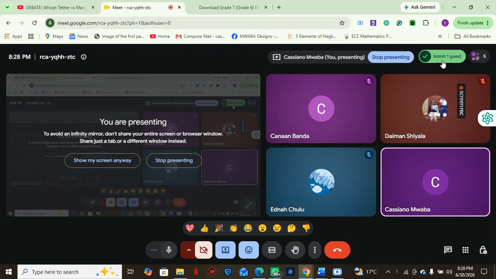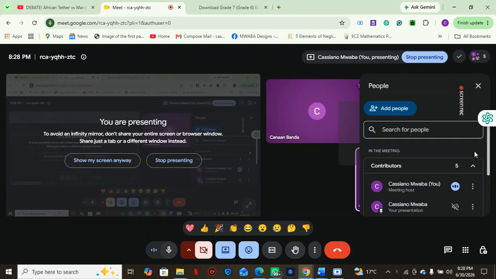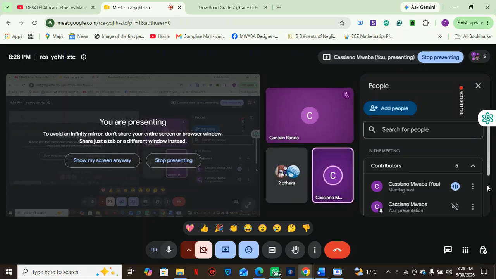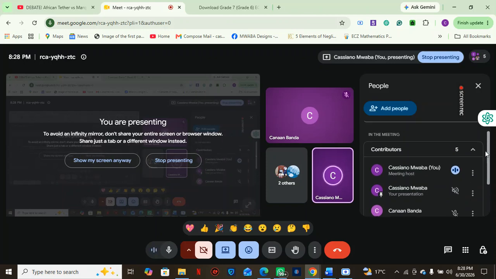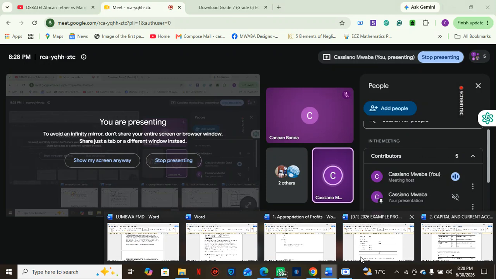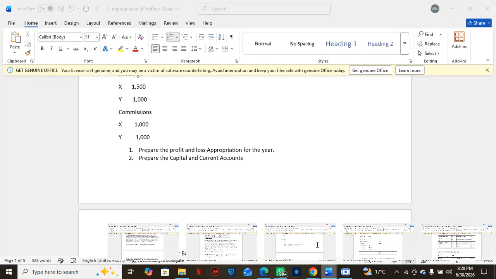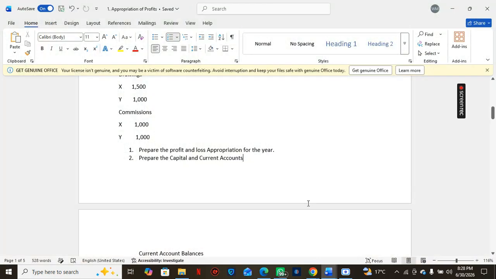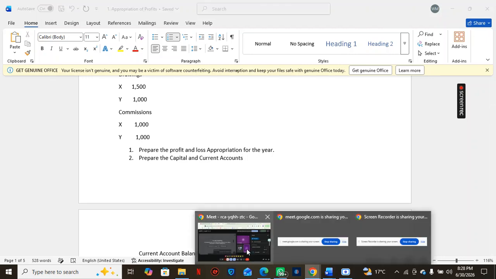So the capital account, as I said, is a fixed capital account. You're just recording only capital that is coming in. Then the current account, that's where the information for the appropriations, you're going to see it. Both of these accounts, remember, increase with credit and reduce with debit.